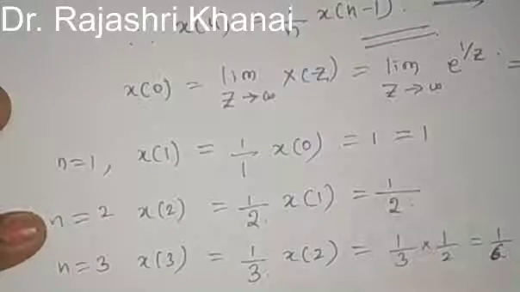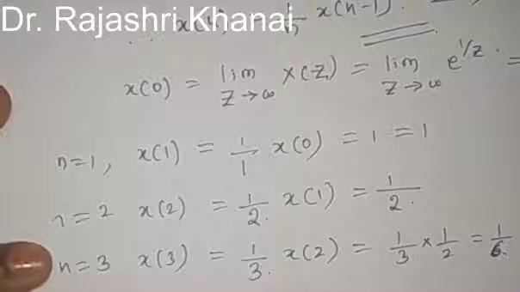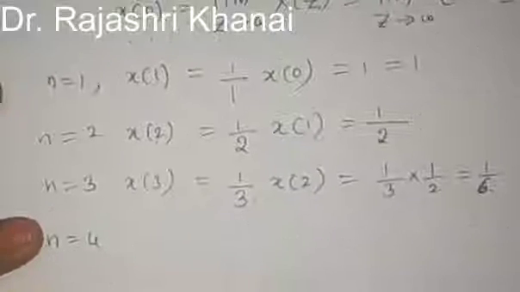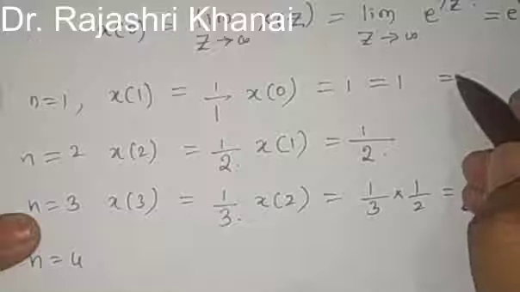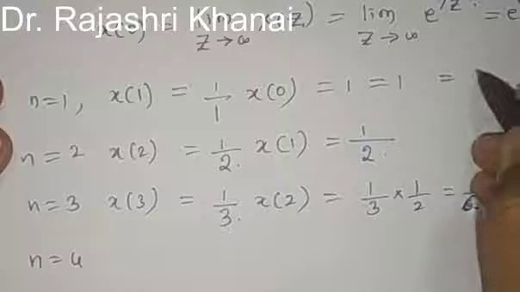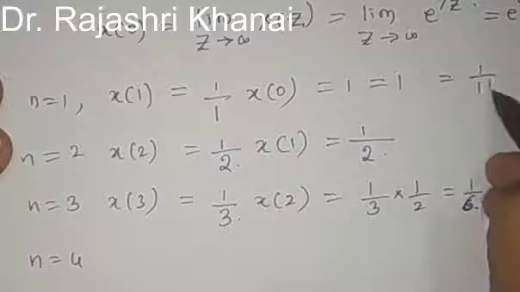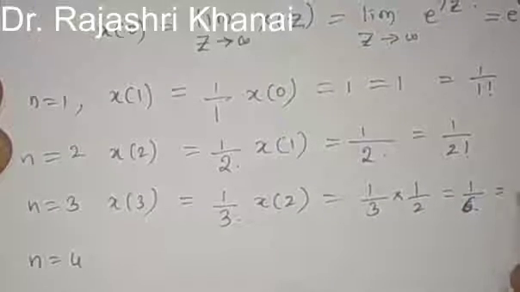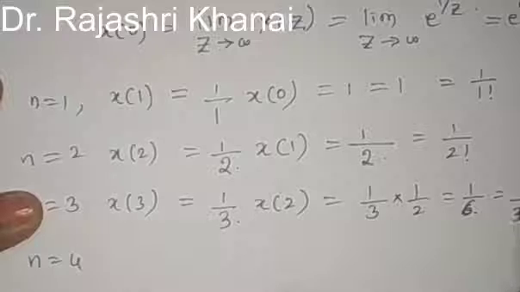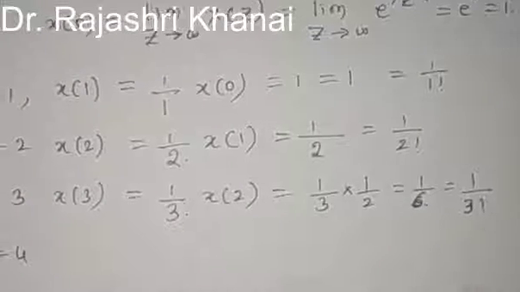And if you observe, while putting different values of n from 1, 2, 3, 4 and so on, at n equal to 1 I can write it as 1 upon 1 factorial, this is 1 upon 2 factorial, this is 1 upon 3 factorial.